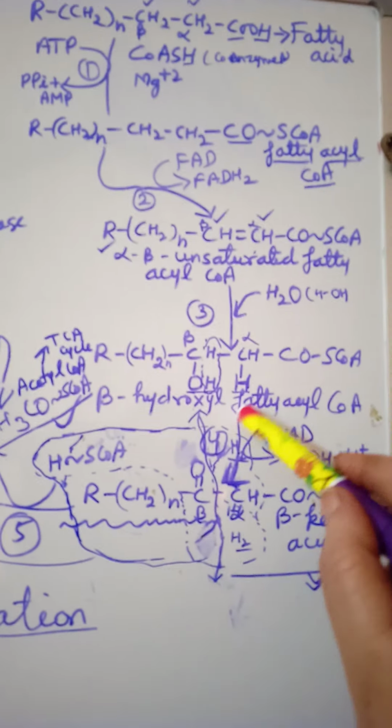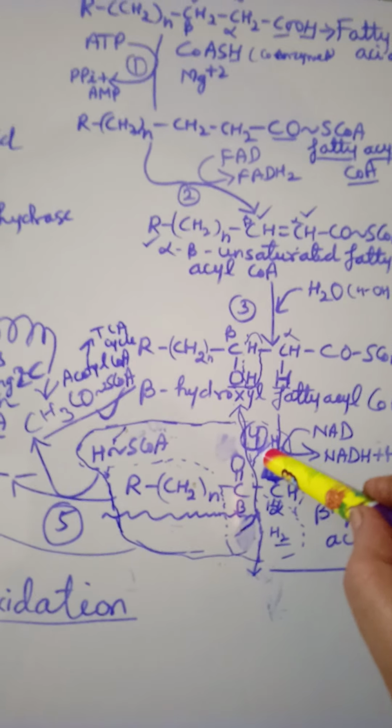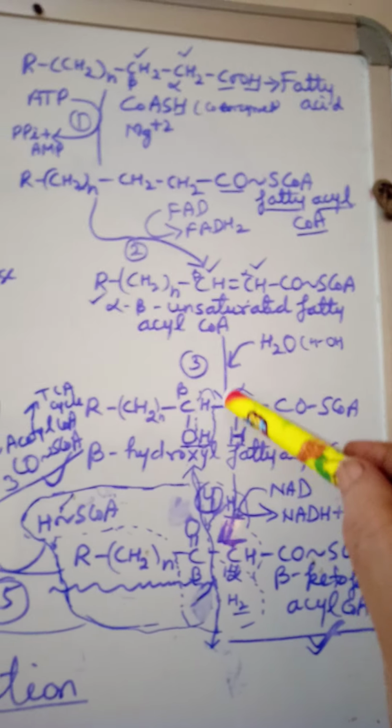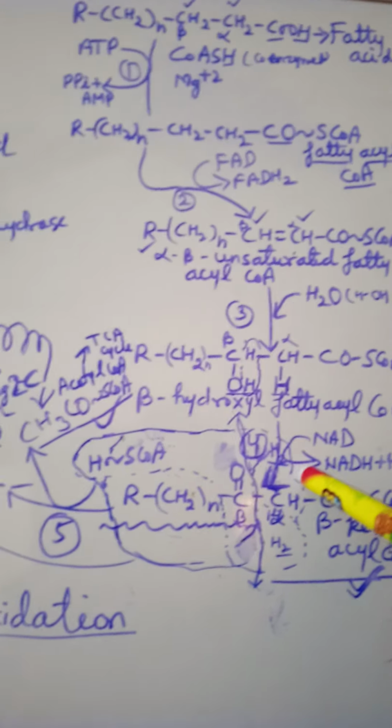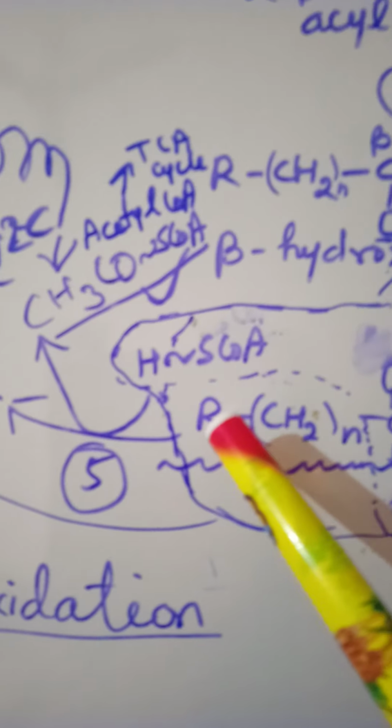This beta hydroxy fatty acyl coenzyme A, after step 4, that is dehydrogenation, you could see the removal of hydrogen, is converted into this structure.